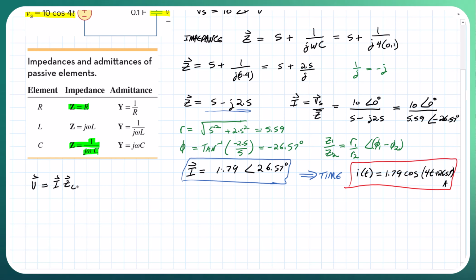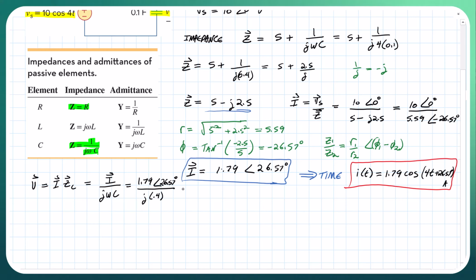So this is going to equal I over j omega C. We already solved for j omega C, and we just solved for I, so I is 1.79 at an angle of 26.57 degrees. j omega C we said was j 0.4.